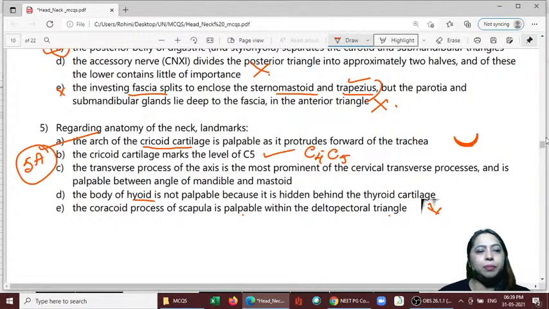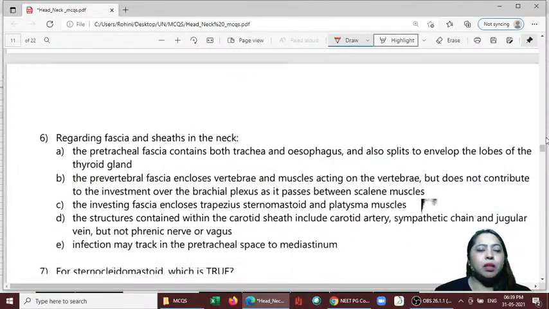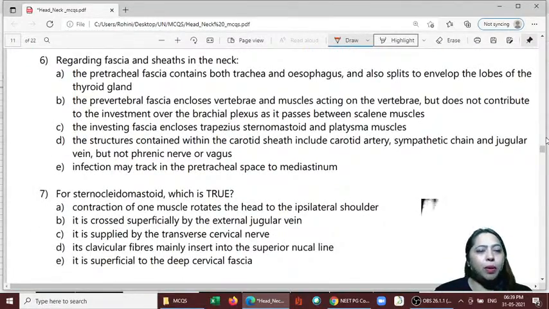Okay, next one. Sixth one. Regarding the fascia and sheaths of the neck.